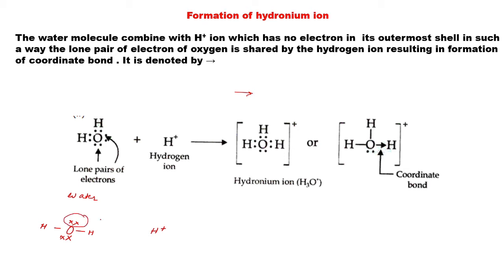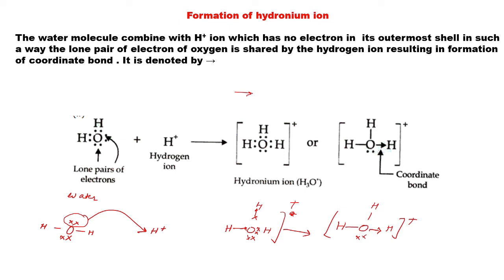These lone pairs will be donated to the hydrogen ion, and we will form a coordinate bond between oxygen and hydrogen.